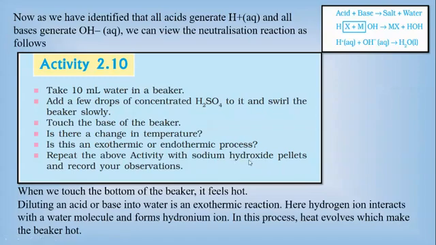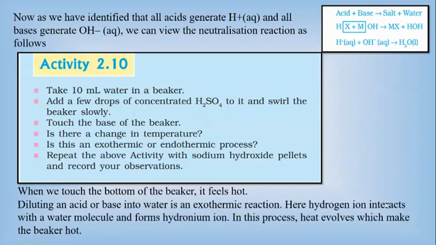In the case of sodium hydroxide, when you touch the beaker, it will become cold. When we touch the bottom of the beaker, it feels hot. Diluting an acid or base in water is an exothermic reaction. Exothermic means a reaction where heat is released.